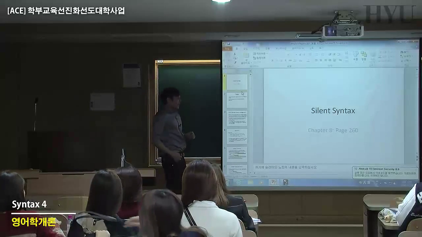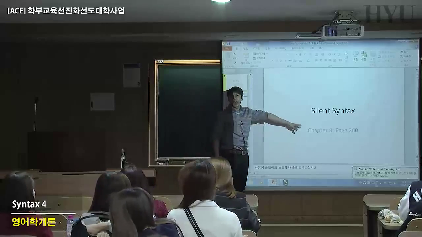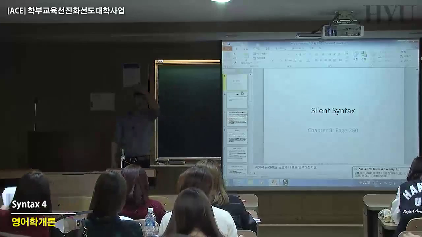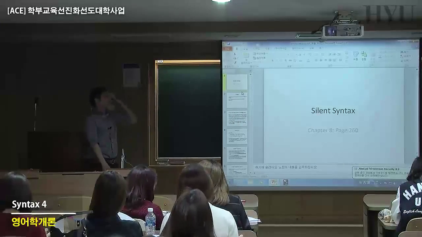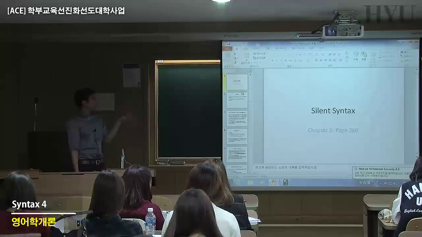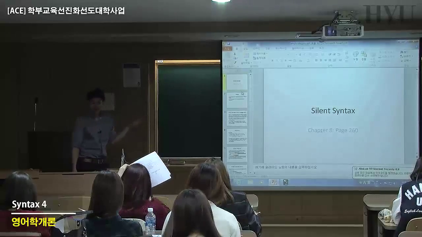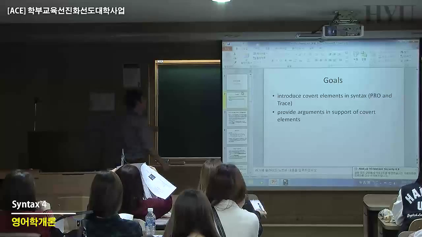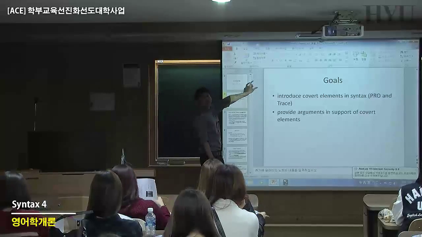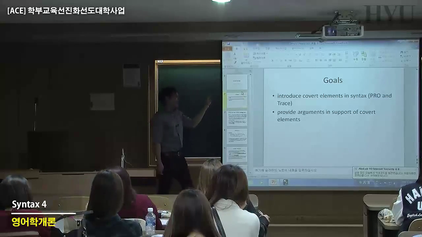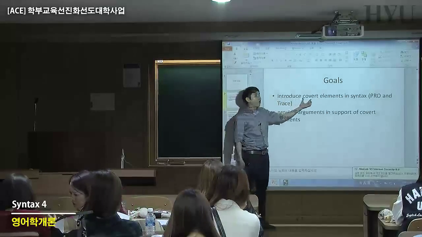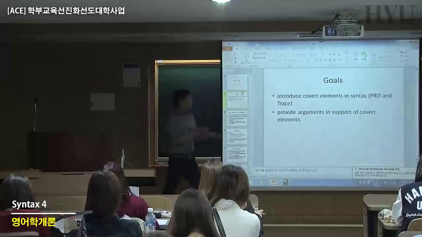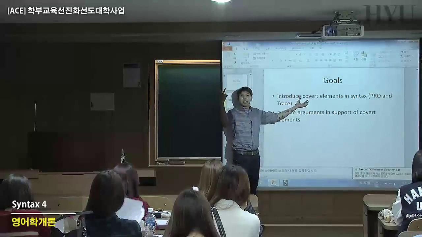So silent syntax, this is in chapter 8 in your book on page 260, okay? It's, I think, the most difficult thing in this chapter. But I will go slow. So the goals for this topic, silent syntax, are to introduce what we call covert elements in syntax. Overt and covert, there are two words, okay?